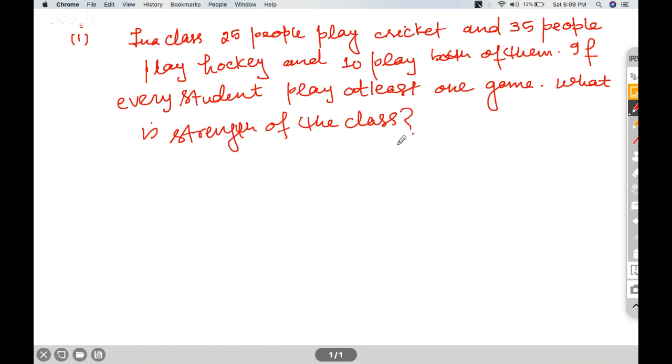Okay, I'm giving you some time to solve it, even though I have not taught it. Let me check how many of you know it already.